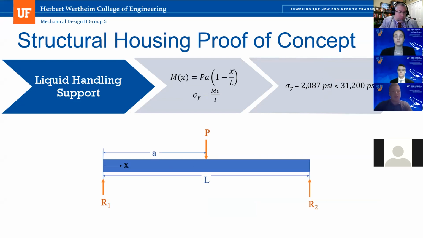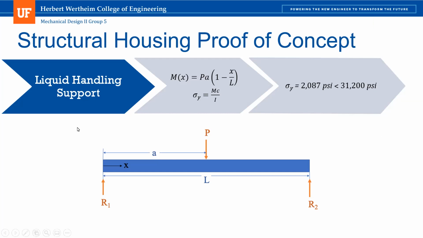So we just set up a simple static analysis for each of the individual sides, which happened to be identical, and a load P with a varying position A. We were able to determine the maximum tensile or, vice versa, compressive stress that's being placed on the beam is only 2,087 PSI, which is significantly less than the yield strength of the material we have chosen. Next slide.